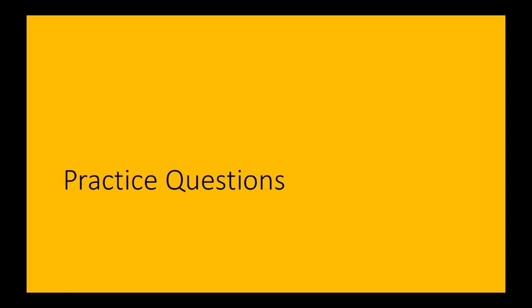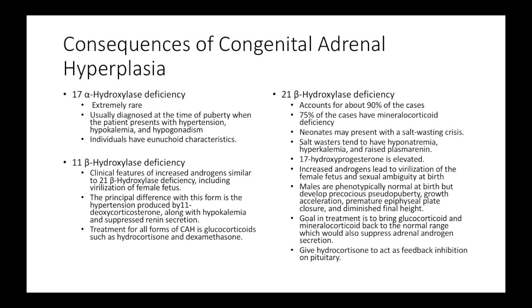No, but you just brought up a good point that a lot of people forget: all three of those, 17, 21, and 11, have cortisol decrease or absence of formation of cortisol.